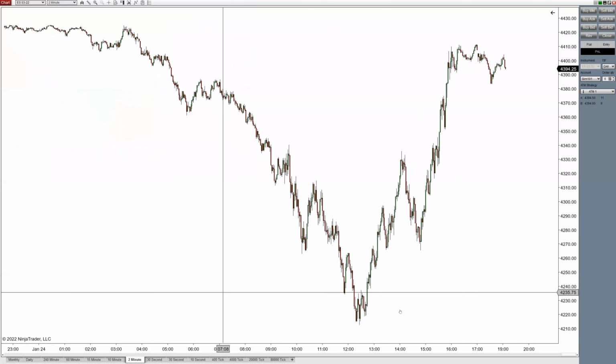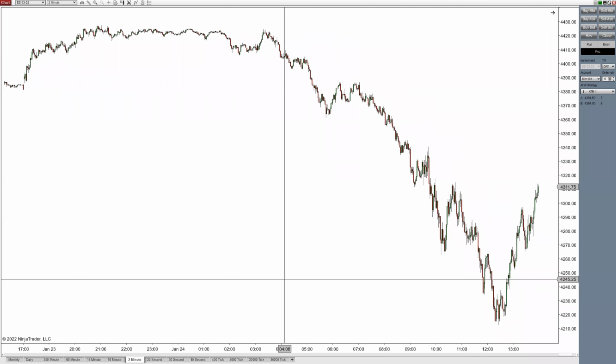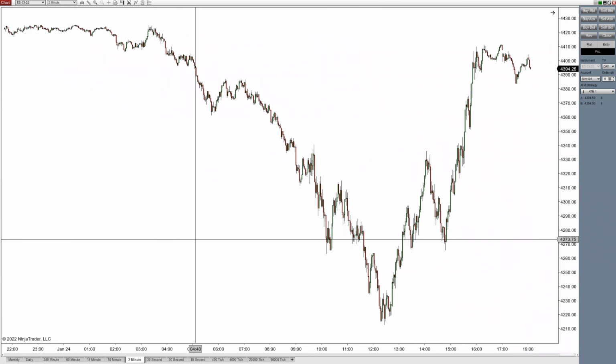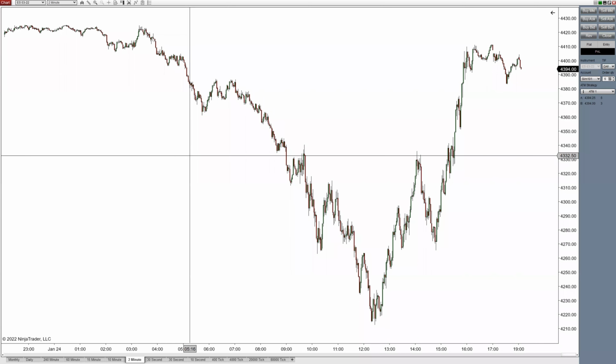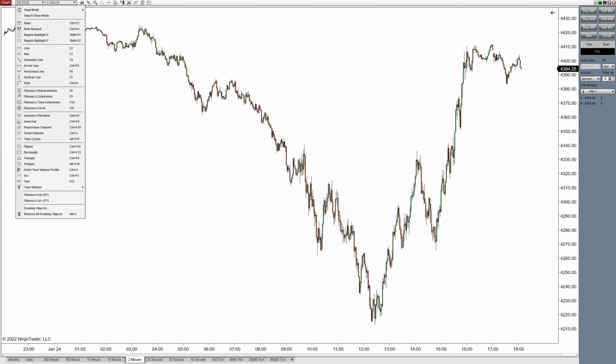So when we look at different Fibonacci tools, this is NinjaTrader here. And NinjaTrader doesn't have every single one of the Fibonacci tools that I use built into it. So I have an add-on for indicators that I use with NinjaTrader. It's called Trade Tracker Pro, that I developed to add things like the Fibonacci fans and Fibonacci arcs onto your charts.